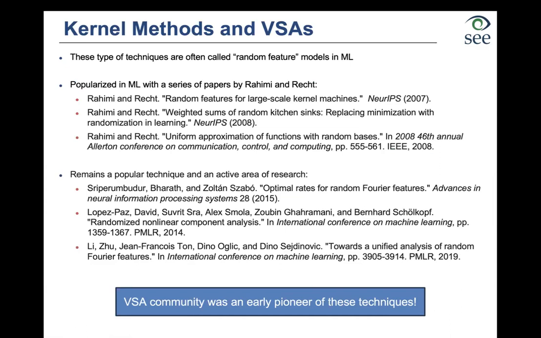And so I think it's interesting to note that the VSA community, in a certain sense, was actually a really early pioneer of this kind of approach. And it may not have been explicitly explained as such, but I think the VSA community saw promise in these methods for very similar reasons that computer scientists did subsequently.